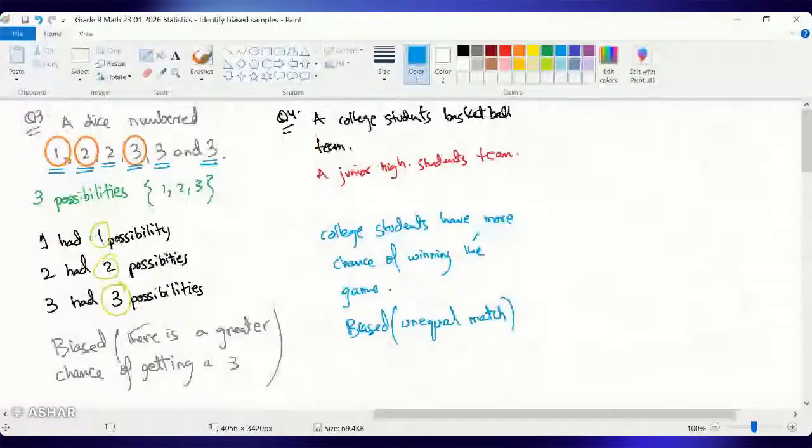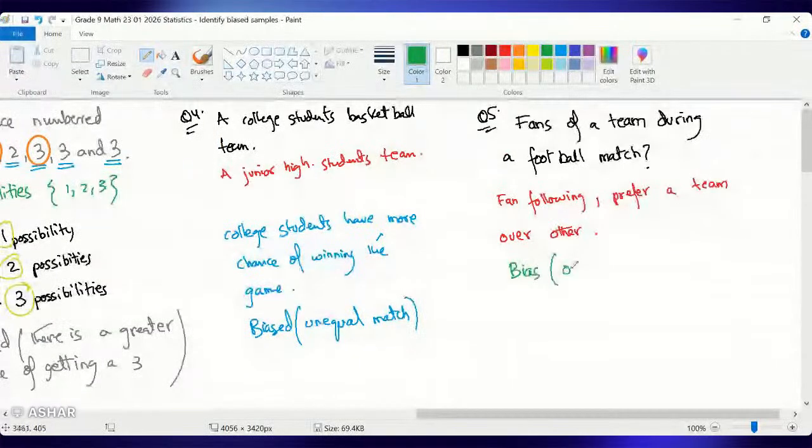If I like team A, even if it means I am being unfair, that is an example of bias.